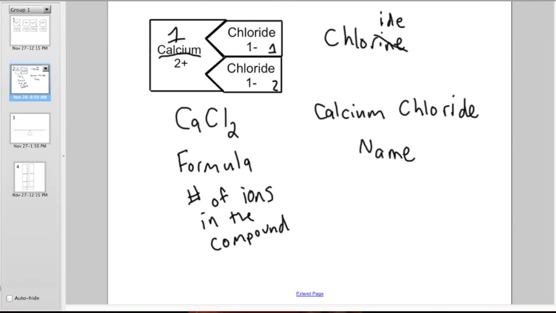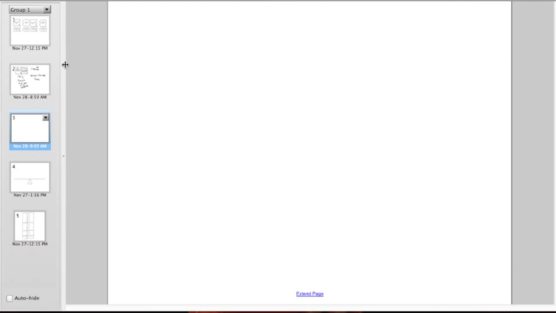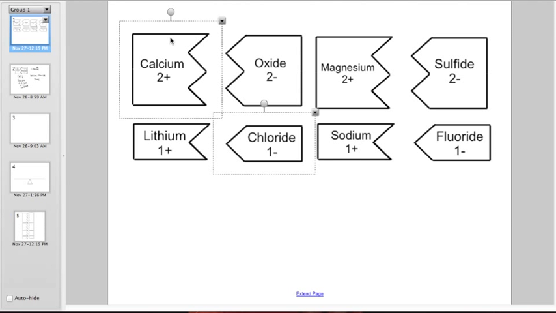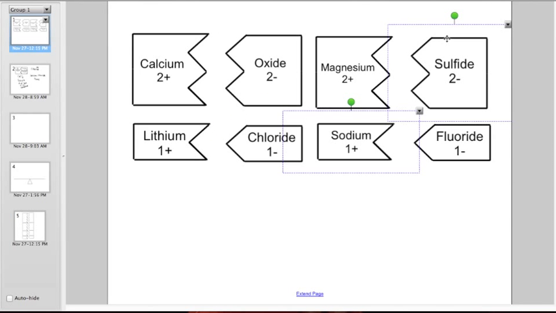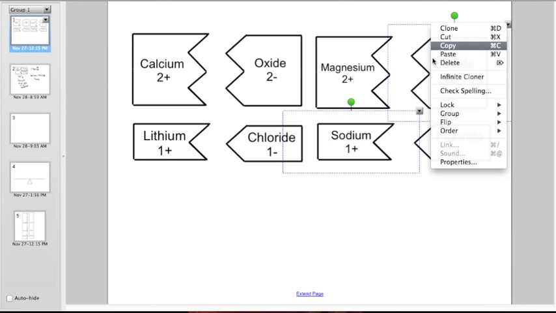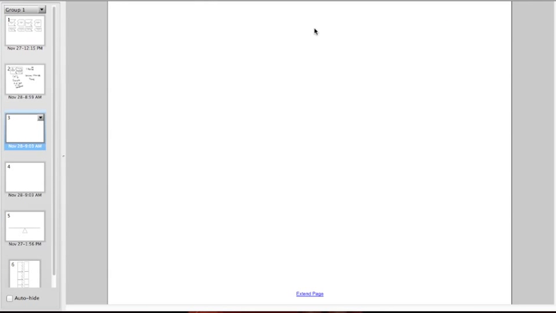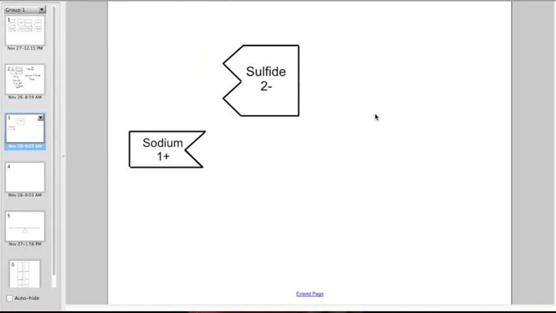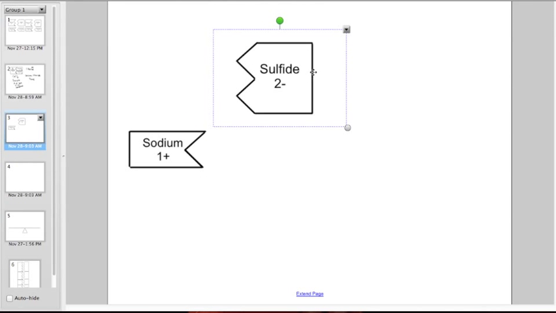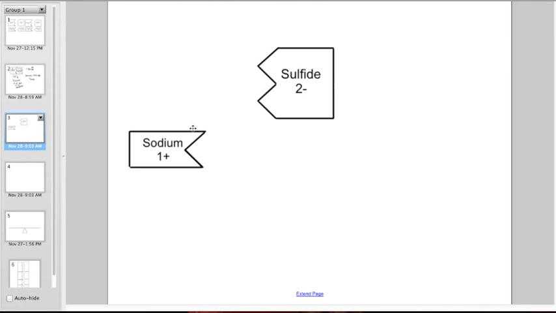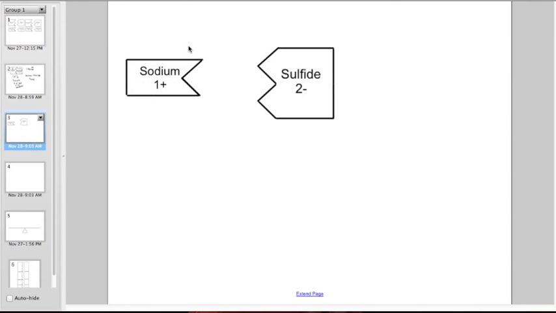Knowing that, let's do another one. Let's do the compound between, I don't know, sodium and sulfur. I want you to write the name and formula for the compound between sodium and sulfur.